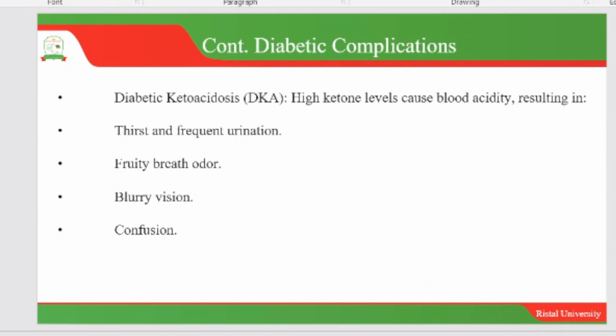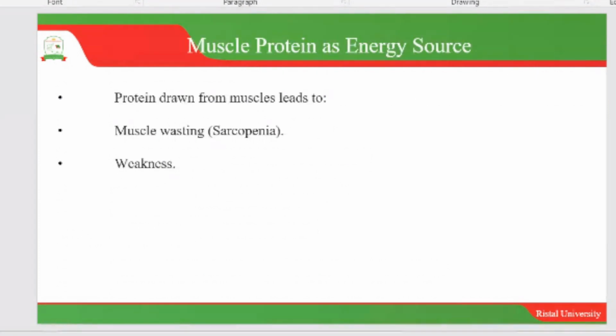The person ends up losing a lot of weight, and this explains the reason why diabetic patients, when they have just been diagnosed, lose a lot of weight. Sarcopenia. This also leads to weakness of the body.